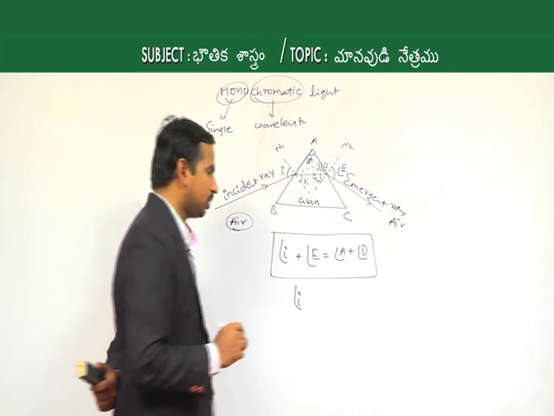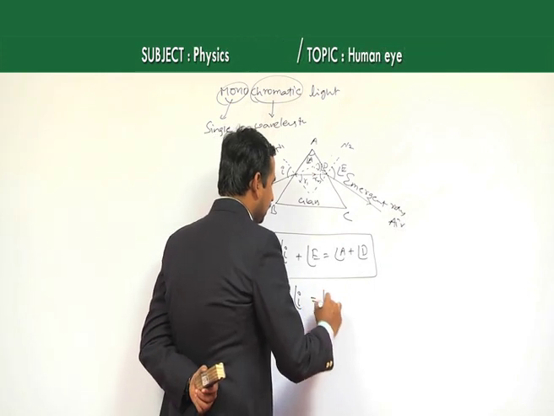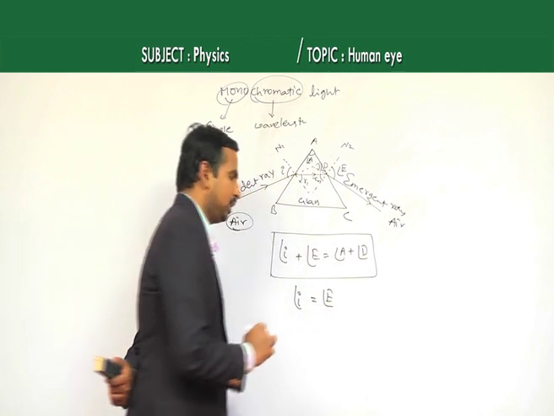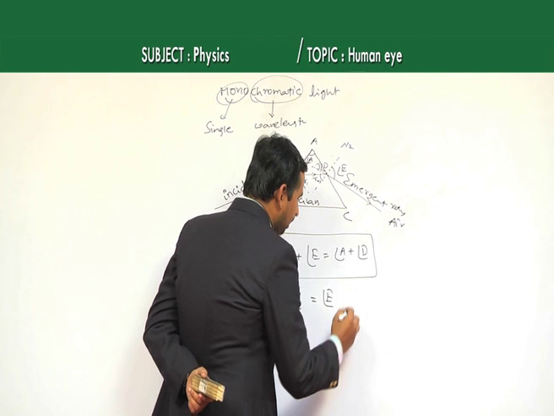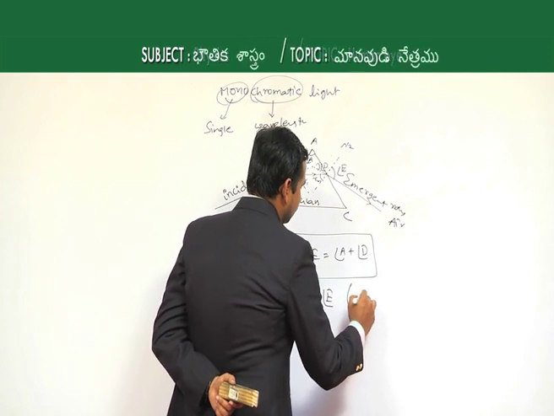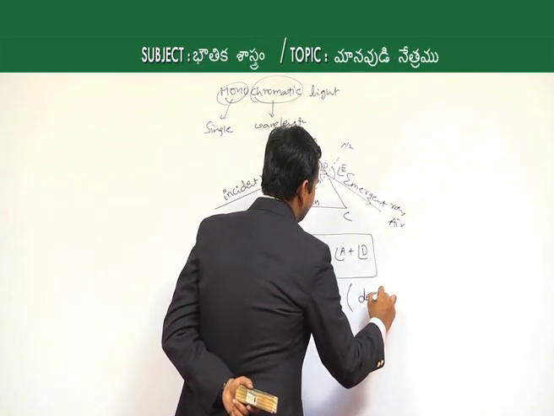At one particular stage, the angle of incidence and angle of emergence are both equal, and the deviation is minimum. So, the deviation angle is minimum.